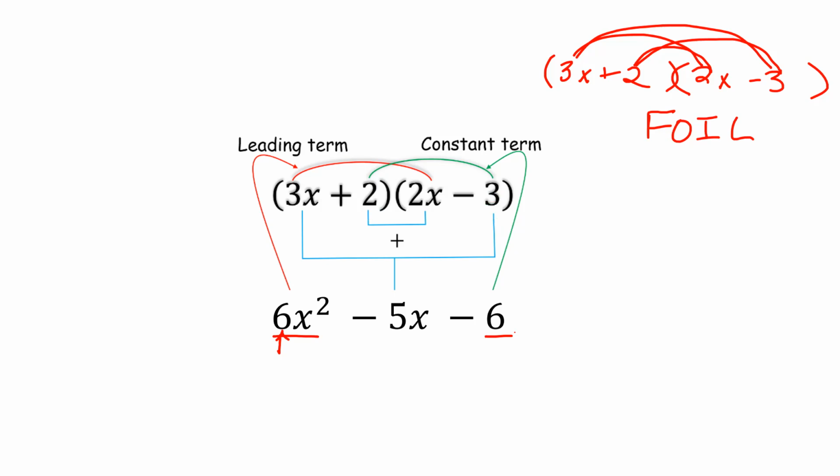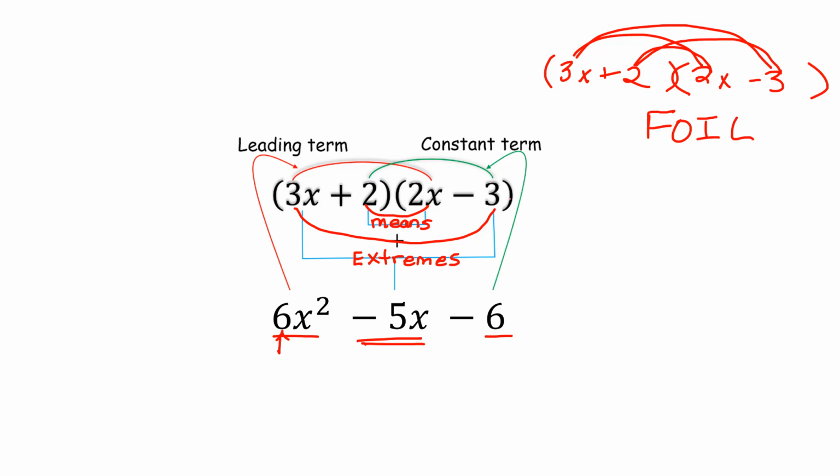Now, where does the 5 come from? The -5 here. Well, that, as I was saying in class, comes from adding the means, which are the two middle numbers, and the extremes. The extremes are the outer numbers. So this x term, -5, comes when we add this product, 4x, and this product, 9x.